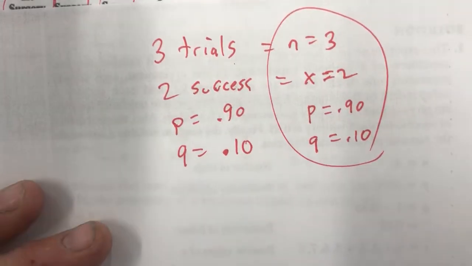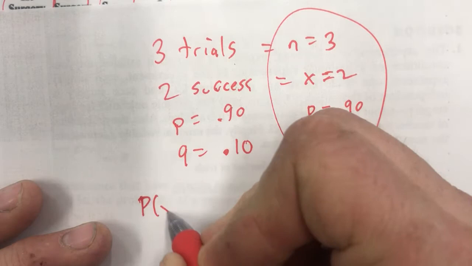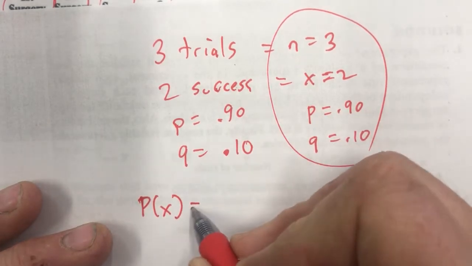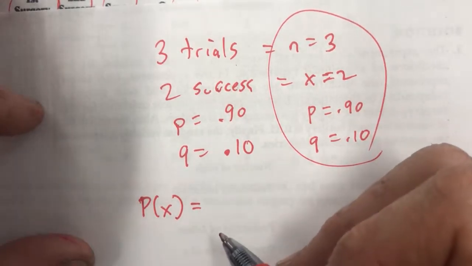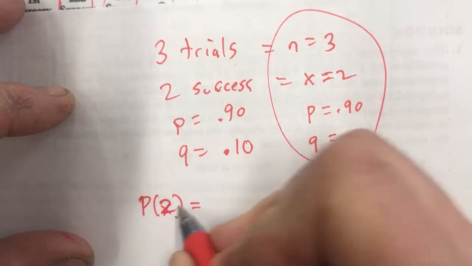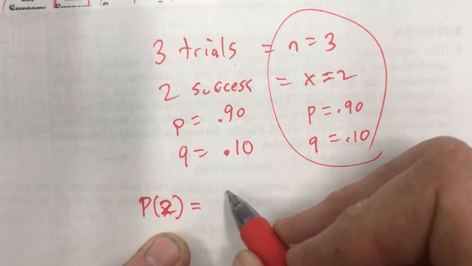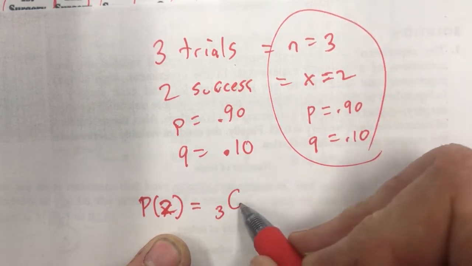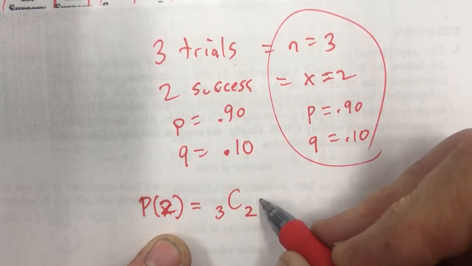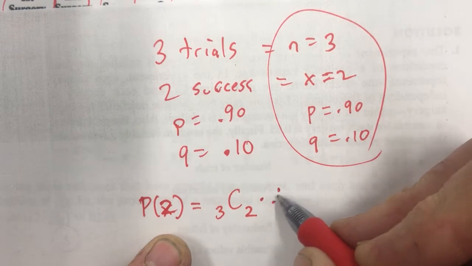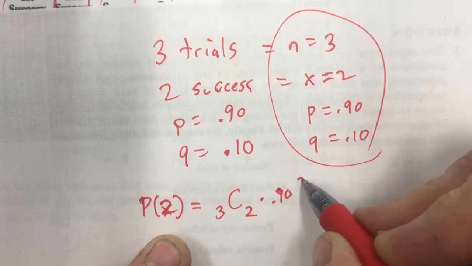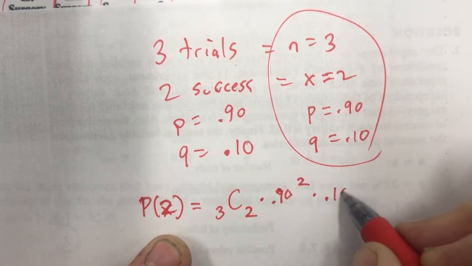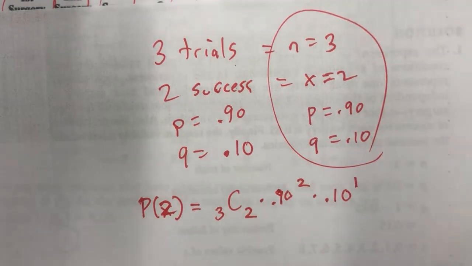Okay, so what I'm going to have in here, my probability of x equals 2, is going to be 3c2 times 0.90 to the 2 power times 0.10 to the 1 power.